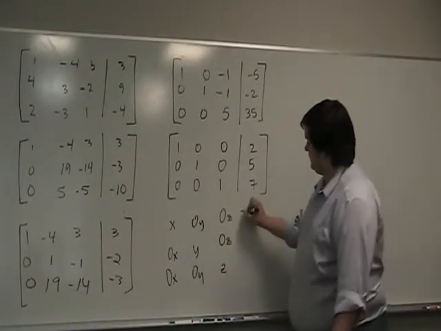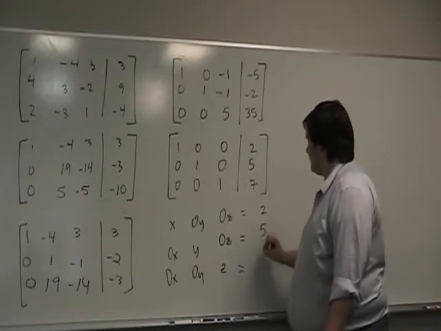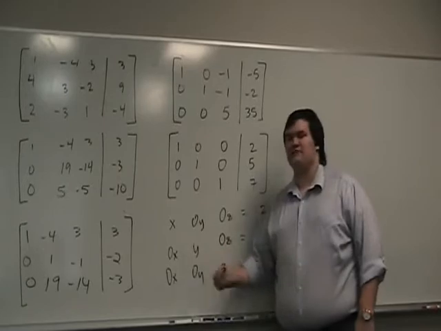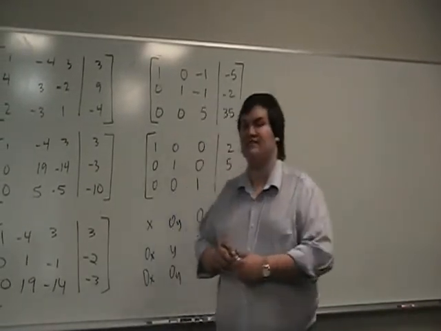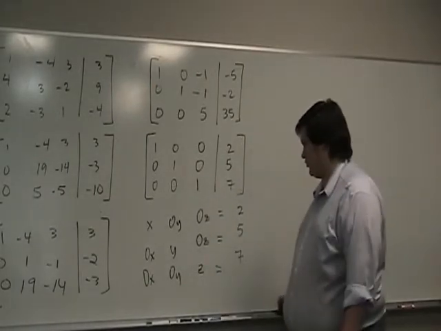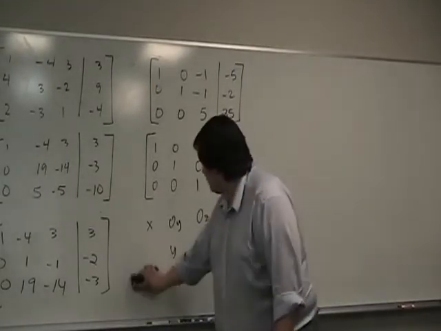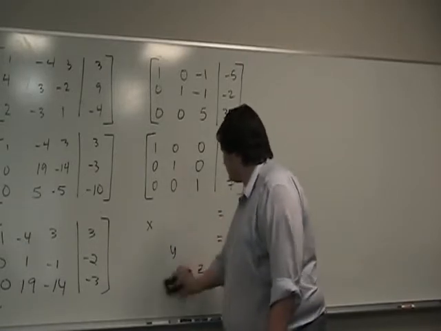Okay? We have our equals, and we have 2, 5, and 7. Now, 0 times anything gives us 0. So do we have to write 0x at all? No, we don't. We can go through and erase anything that has a 0.